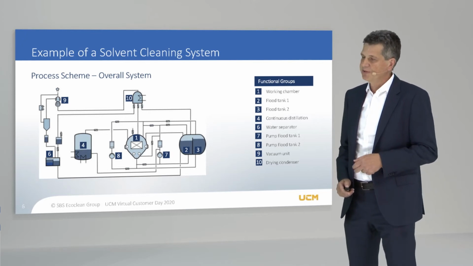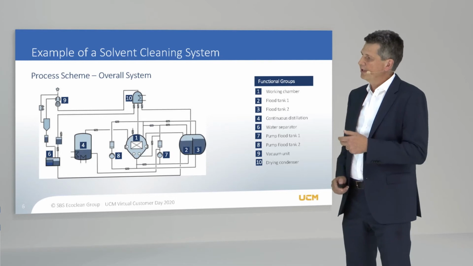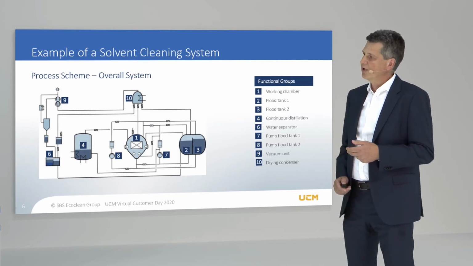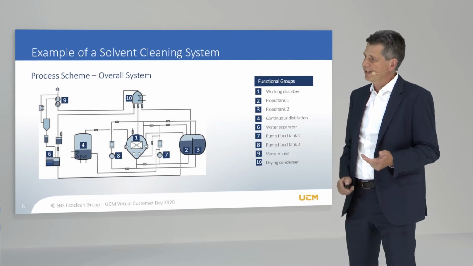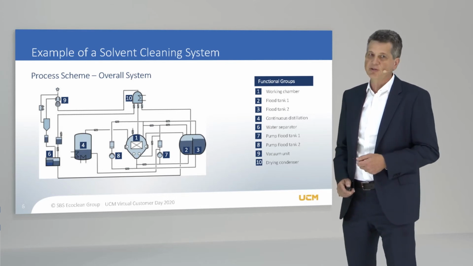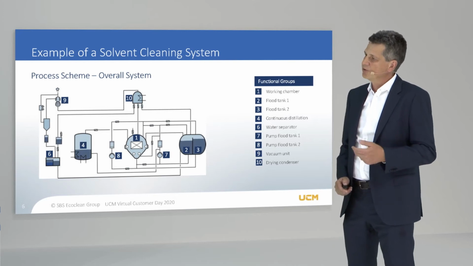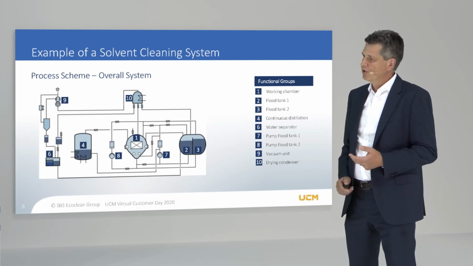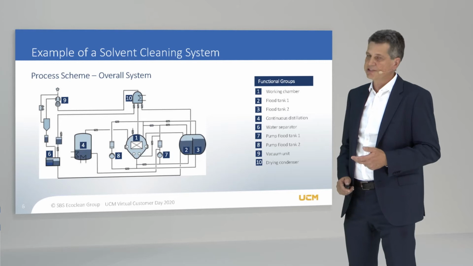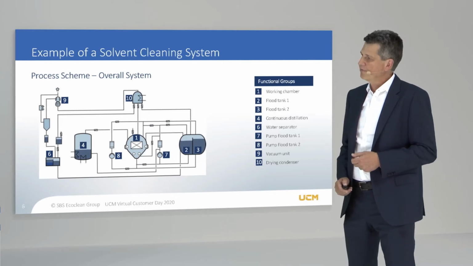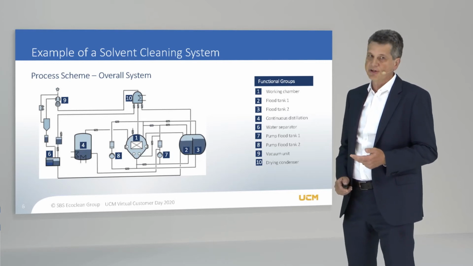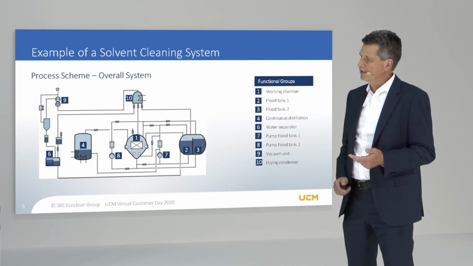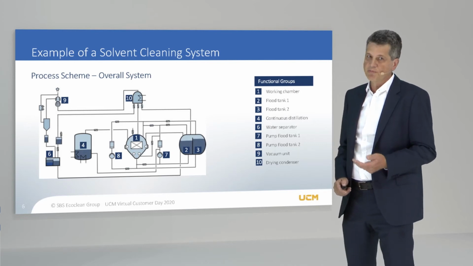After this process, we dry the parts through the drying condenser to get the vapor condensed and taken back into the system, and through the vacuum pump to dry the parts with the final drying pressure. After that, you vent the system, the working chamber, with air from the outside. You open the door and the parts come out clean and dry.